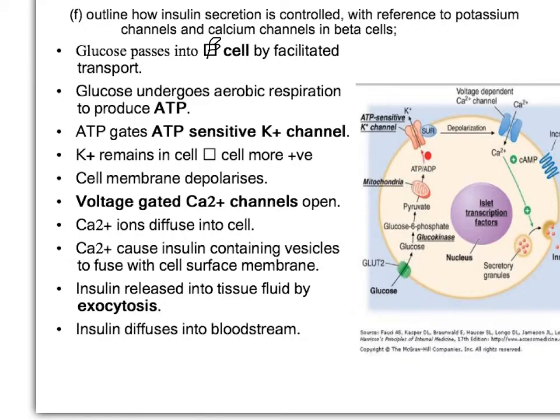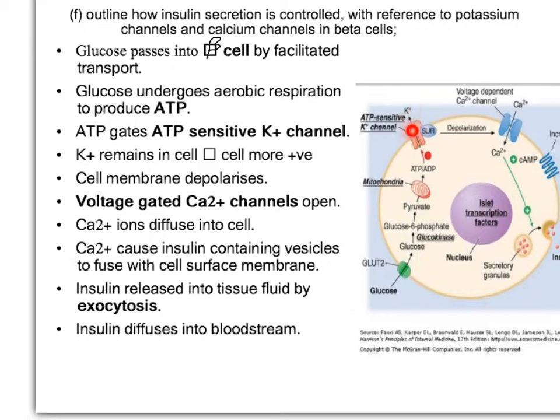Okay, then the ATP blocks a potassium ion channel in the cell surface membrane, and that results in fewer potassium ions escaping from the cell. If you can remember the work we did on nerves, you'll know that there are sodium-potassium pumps which pump potassium ions into the cell.